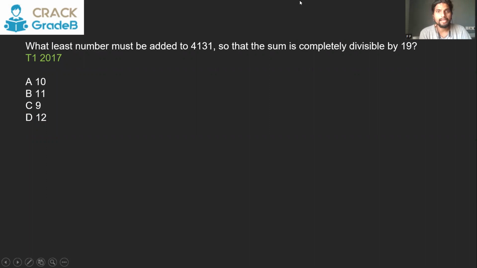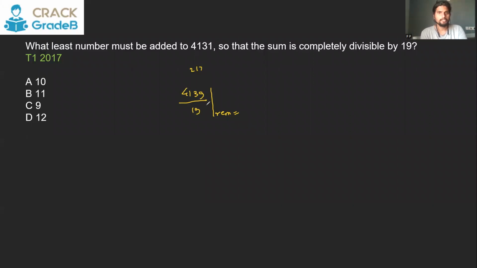What least number must be added to this number so that it is completely divisible by 19? Again, you can just go by options. If you divide this number by 19, the remainder is going to be... 2 nines are 38, 33, 1 nine... and then 7 nines.